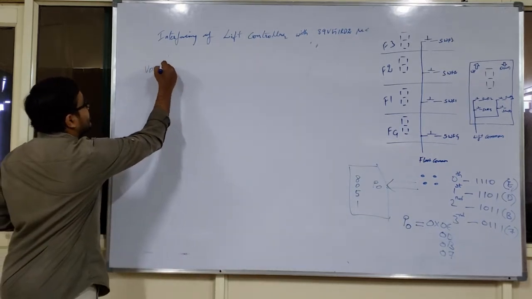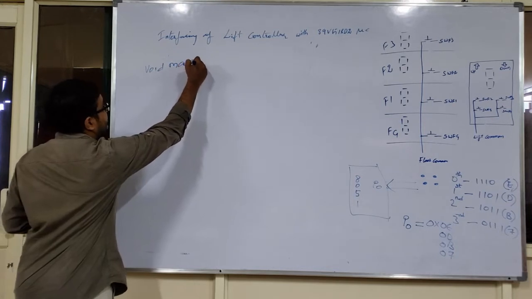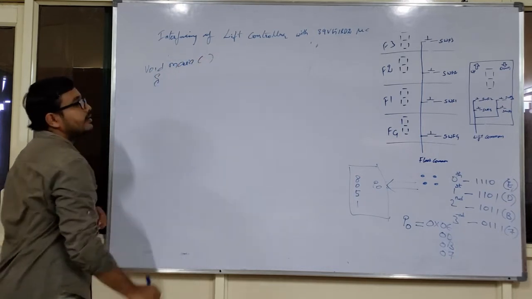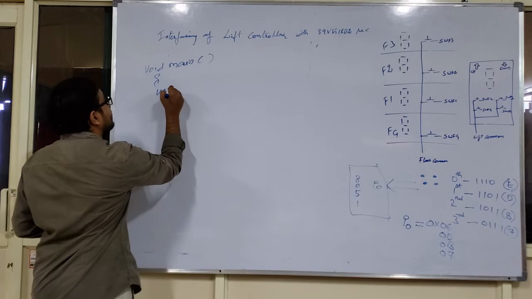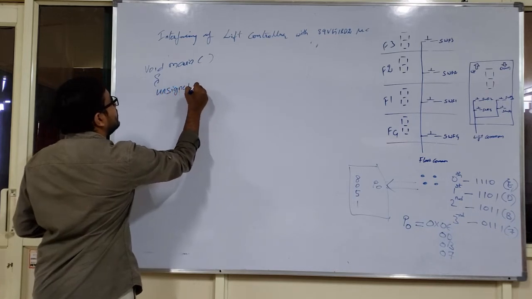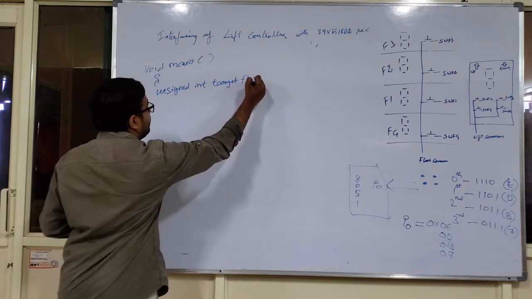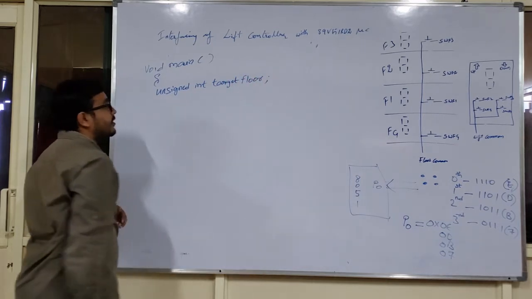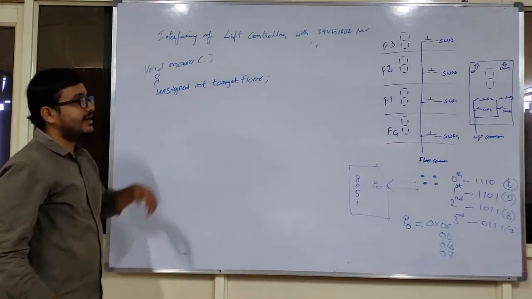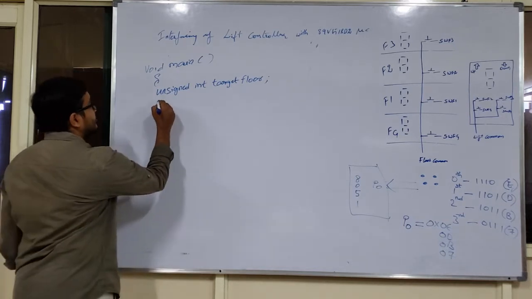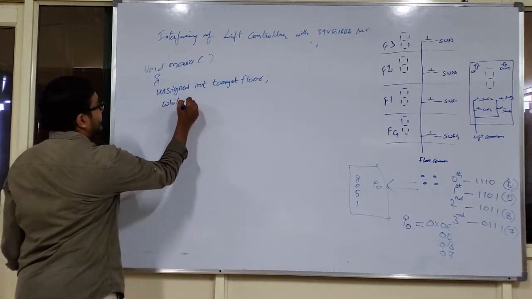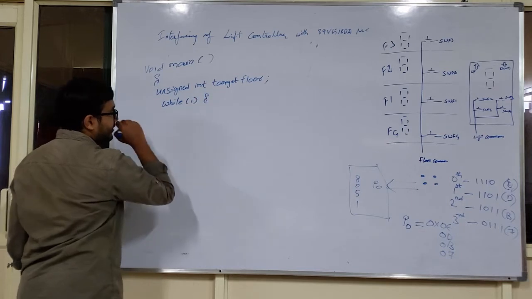Let me write once again, let me open the void main once again here. Void main, unsigned int target floor, because target floor is the one where we have to move. That means target floor is acting as an input here. So I have used an indefinite loop as it is a continuous activity.